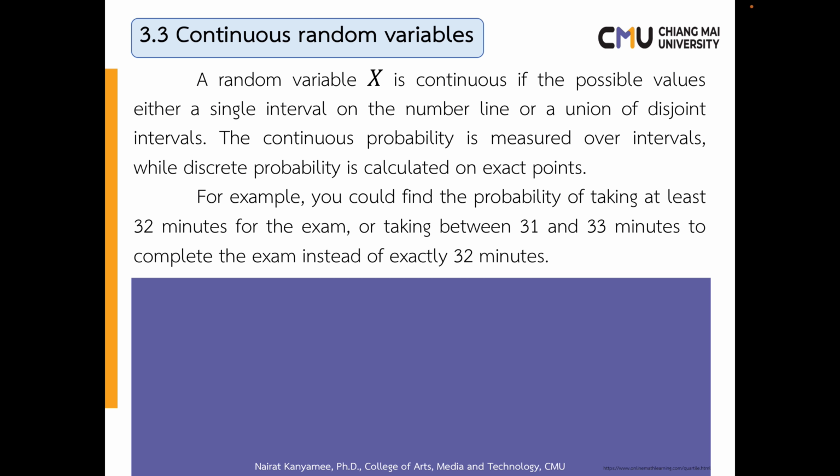Before this, in section 3.2, we talked about the discrete random variable, where the values for x are discrete, like whole numbers 0, 1, 2, 3, 4, 5, something like that. But in 3.3, the random variable x is continuous, meaning the value of x cannot be just a single whole number.